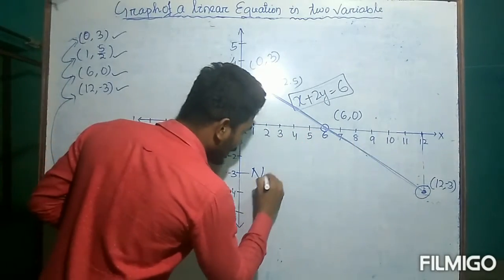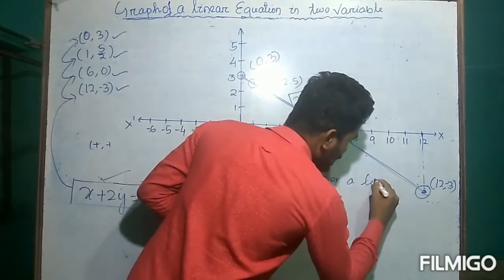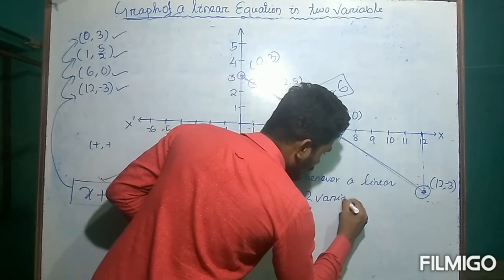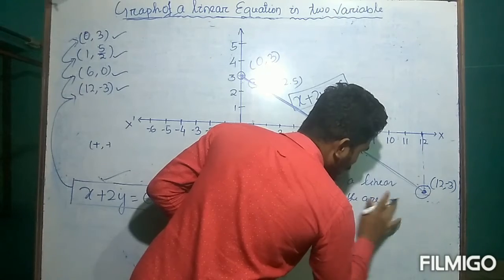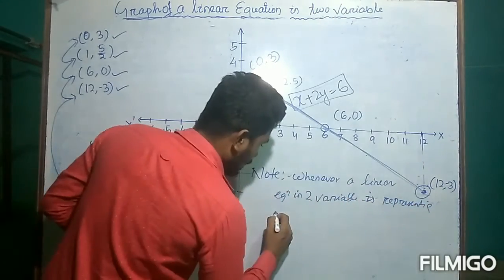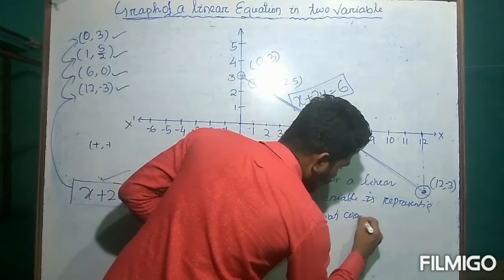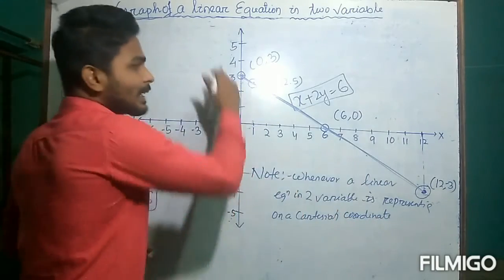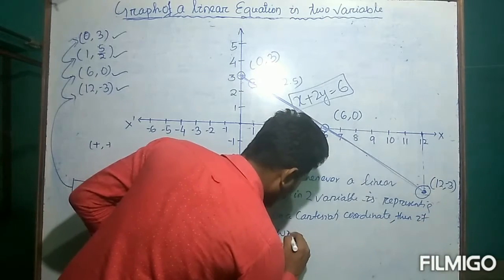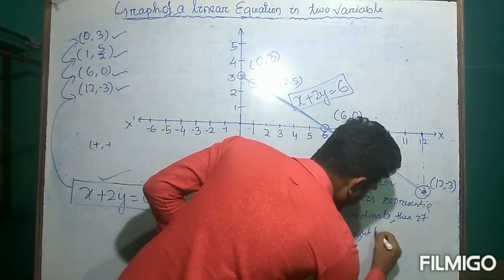We can write: whenever a linear equation in two variables is represented on a Cartesian coordinate system, then it will form a straight line.